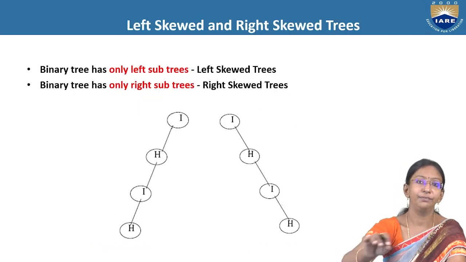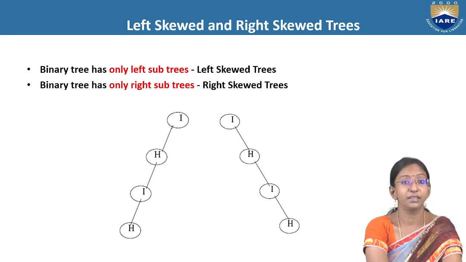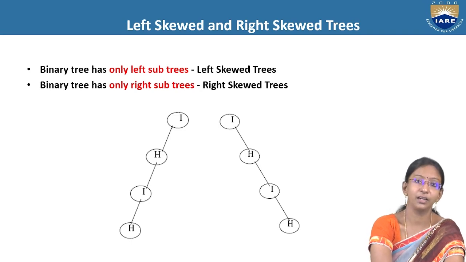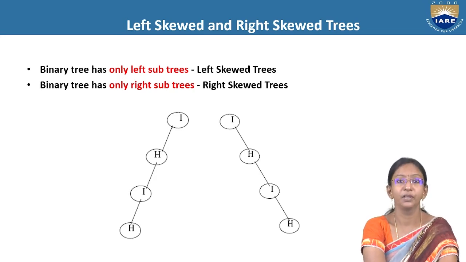Then left and right skewed. If in a binary tree there is only the left subtree, and it does not have any right child or right grandchild, whatever level you take, if it doesn't have any node on the right side, then we call it left skewed.